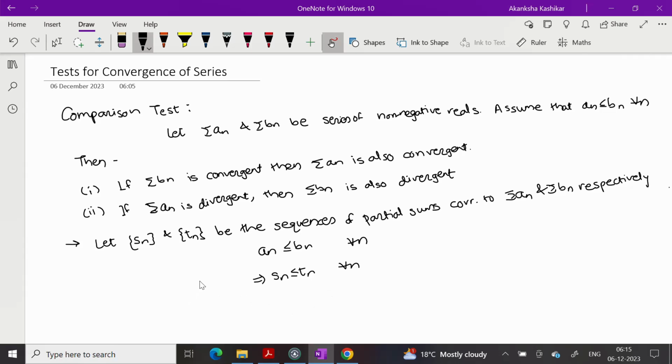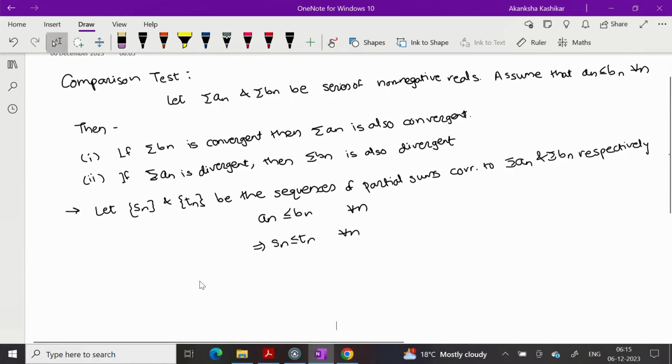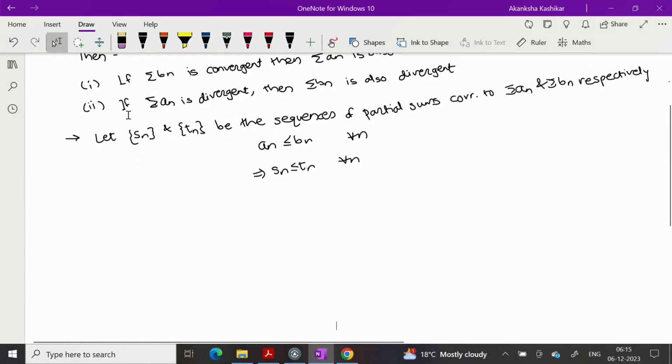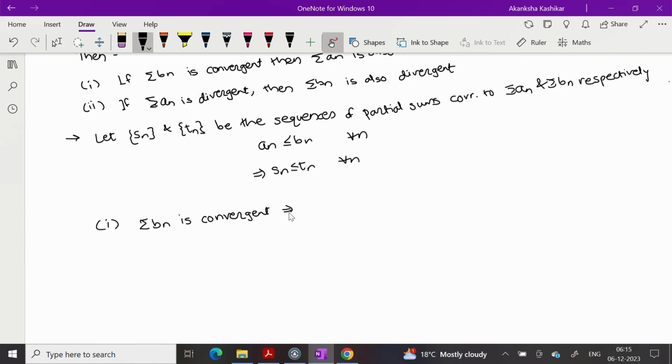Now, if I want to prove part 1 first, then in part 1 it is given to us that summation bn is convergent. Summation bn convergent implies Tn is a convergent sequence.